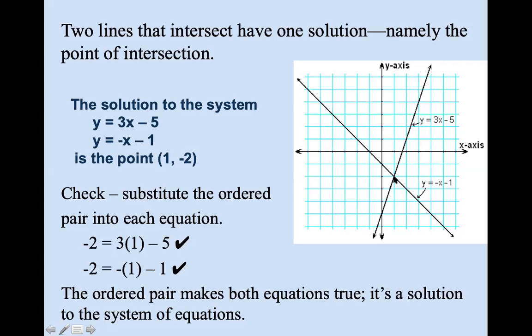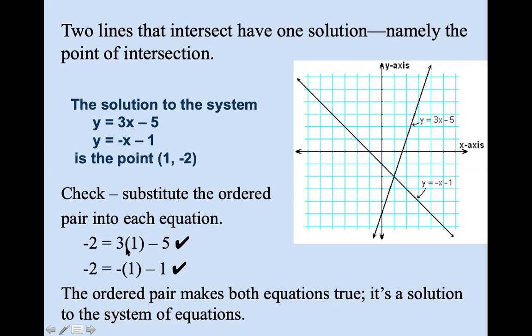To check whether or not a point is a solution to a system of equations, you plug the ordered pair back into each equation. You've got to make sure it works in both. So I'm going to plug 1 in for x everywhere and negative 2 in for y, and I want to see if that's true. So my check here is: is negative 2 equal to 3 times 1 minus 5?